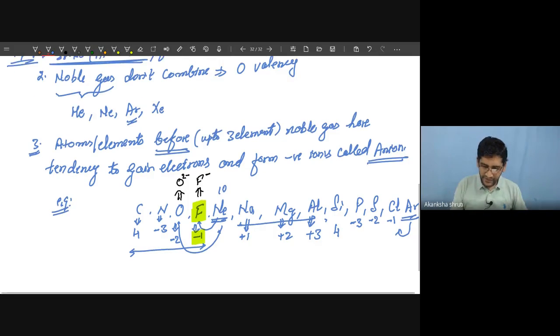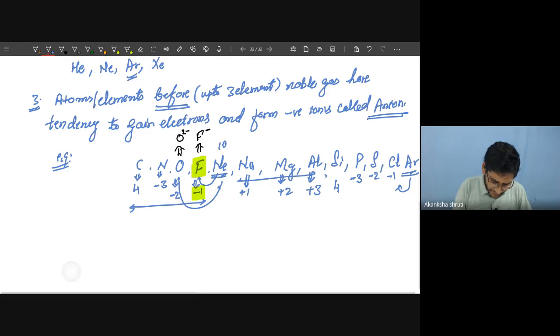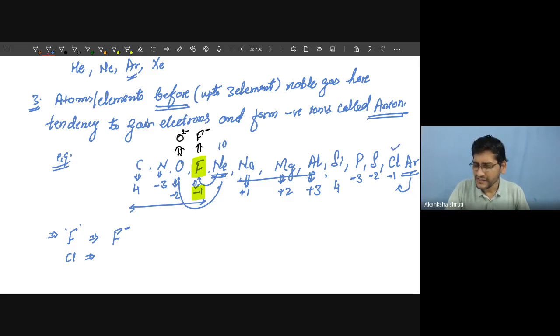This way, we can understand how fluorine is combining to form molecules. Students, this fluorine will first form F minus. Similarly, chlorine will also form Cl minus.